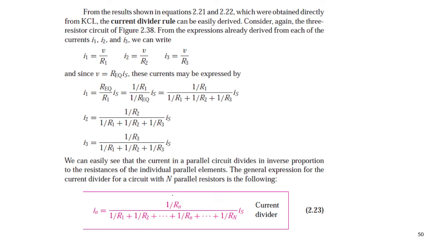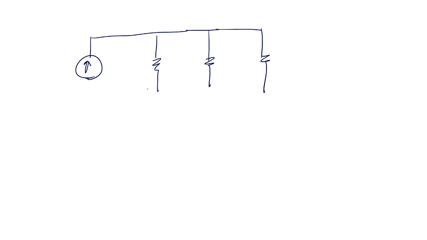For example, if we have the current source, maybe 10 amp, with 2 ohm, 4 ohm, 6 ohm.